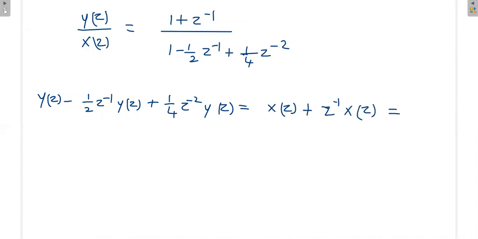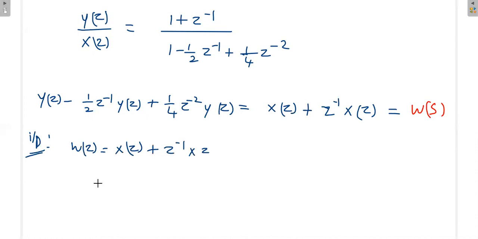Again, we'll assign this with a new variable, that is w of z. First we'll realize the input side. That is w of z. Input side, that is w of z is equal to x of z plus z inverse x of z. That means suppose we have x of z, from that we can get w of z.